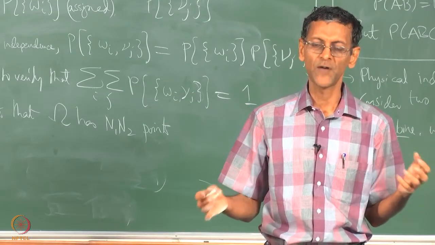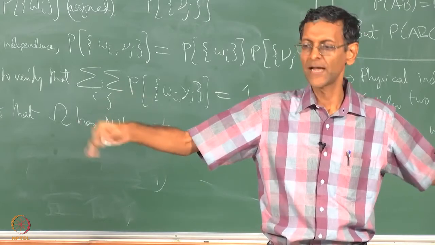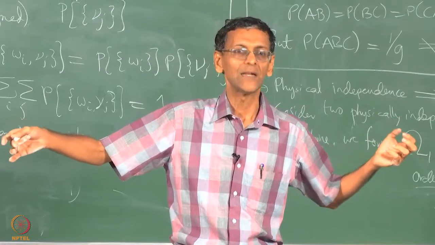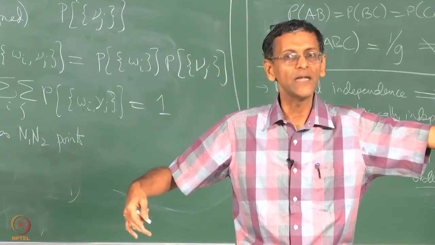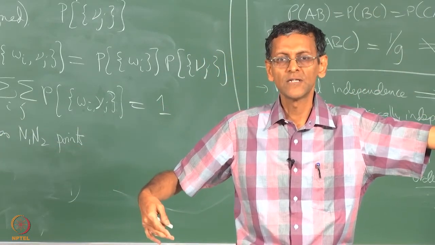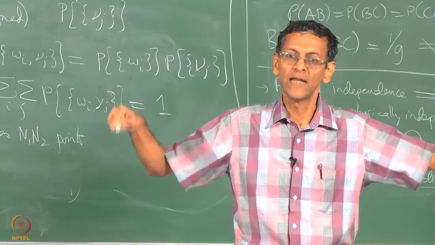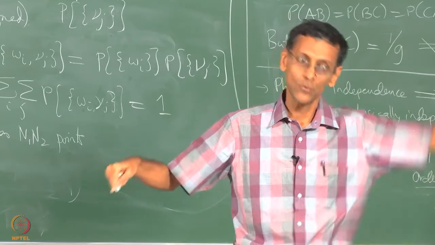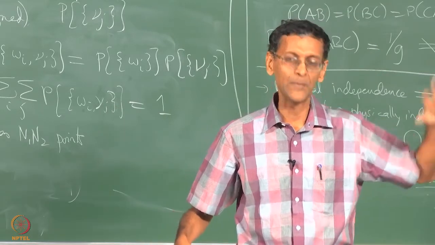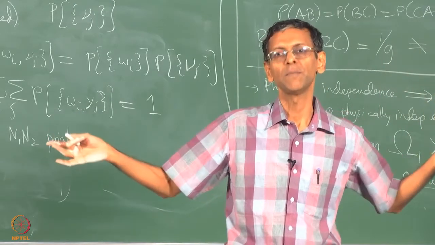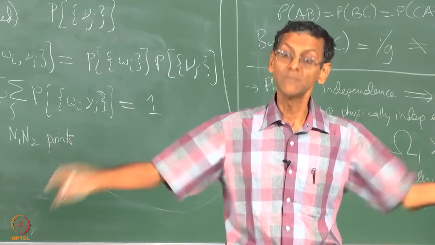That is, if I have let's say a coin and a die, just to make them different, what is the probability of just getting a head? That means you are closing your eye to what is happening with the die. So you will add up head 1, head 2, head 3, head 4, head 5, head 6, all those 6 elementary events for this space, and add them up. If you did that, you would get back the probability of head.